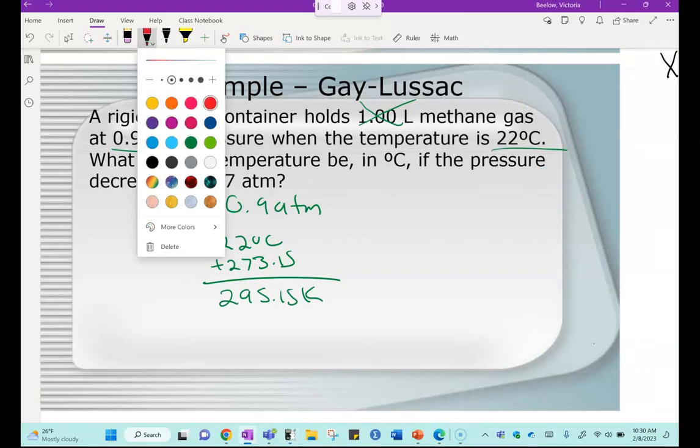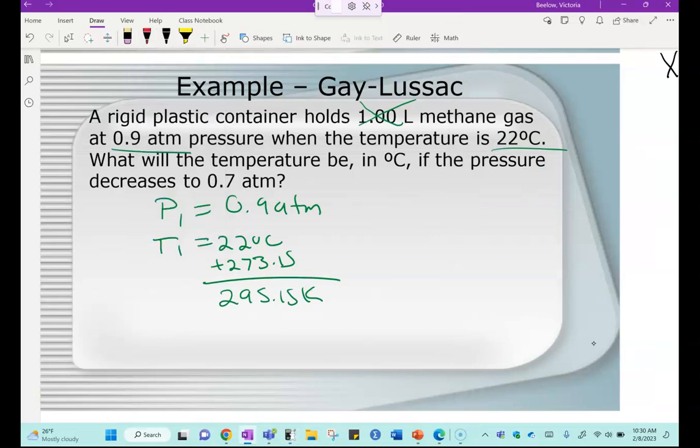And then our pressure, after there's been some type of change in the temperature, our new pressure is now 0.7 atm.